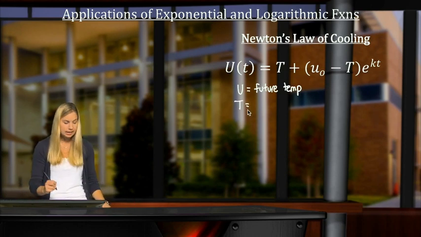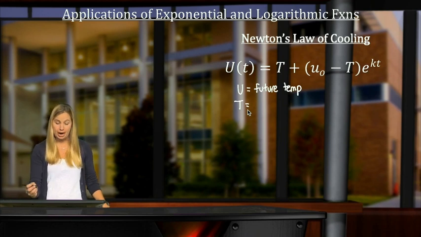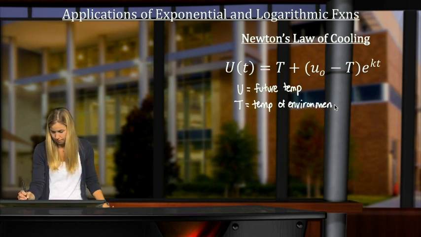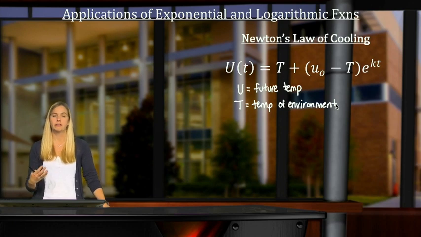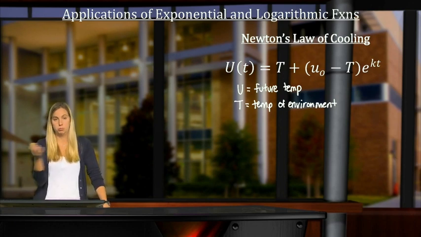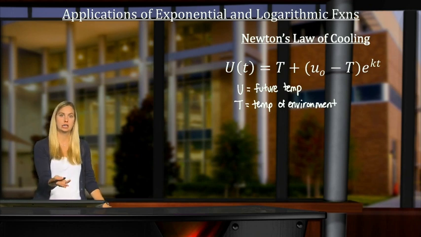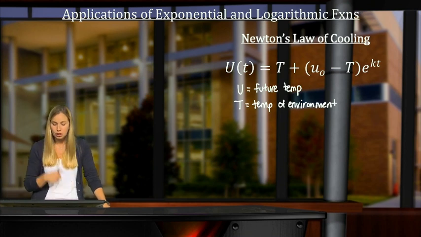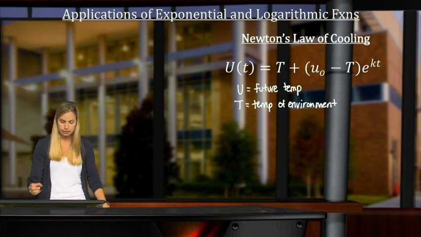The capital T is the temperature of the environment. I'm sure that we would agree if you take your casserole or cake or cookies or whatever they are out of the oven and you just stick them on top of the counter, they're going to cool a lot slower than if you were to take them out of the oven and put them in the freezer. That has to do with the temperature of the environment.